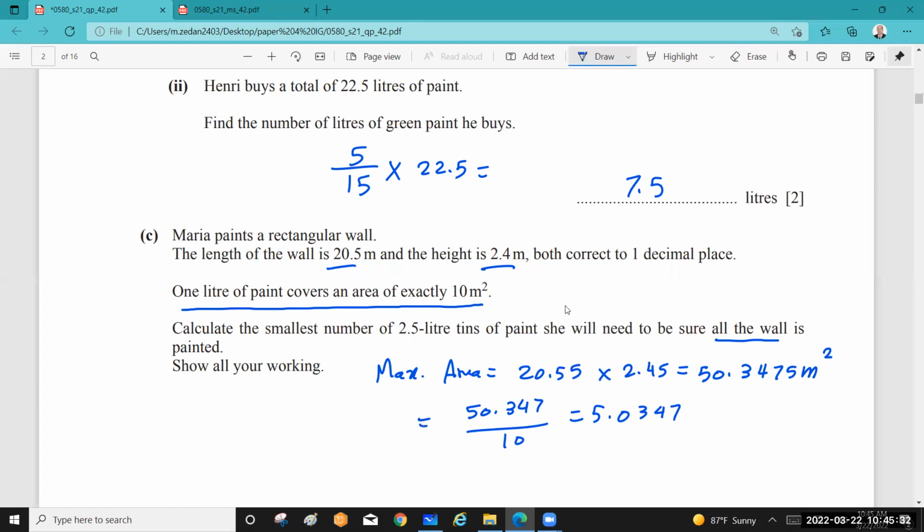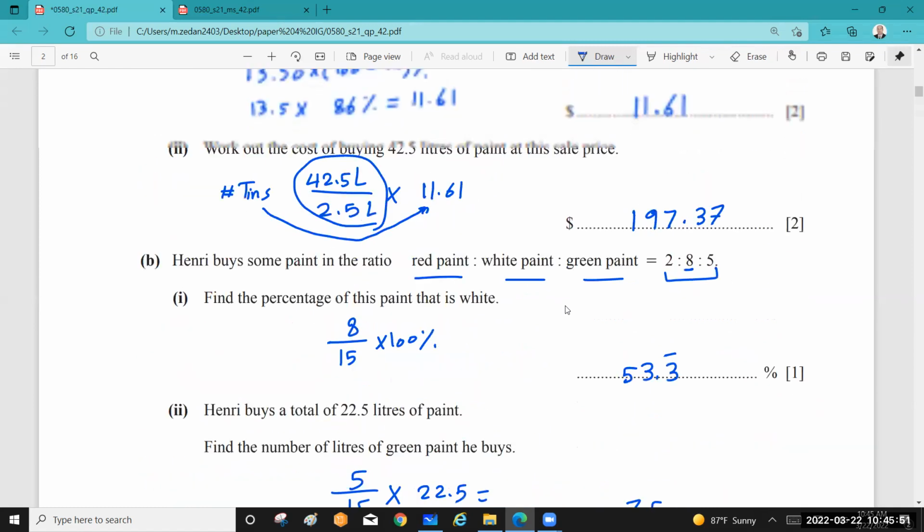So this number, when you divide the area by the 10, is the number of liters of paint. Yes, the number of liters is 5, but the tins, you know, it's a volume. In the first part of the question, each tin is a volume of 2.5 liters.